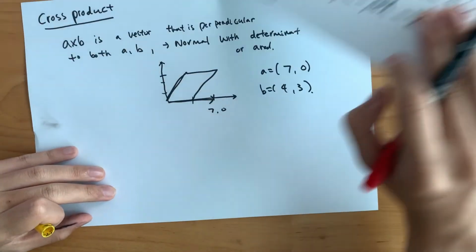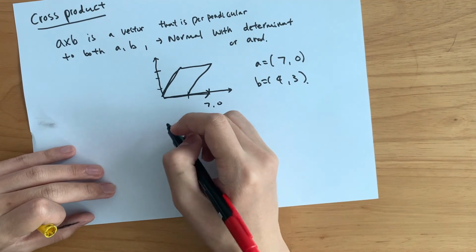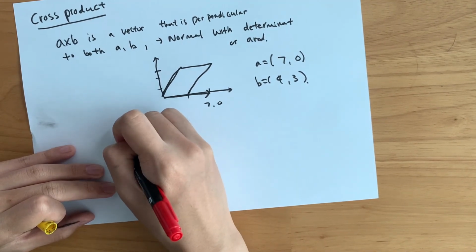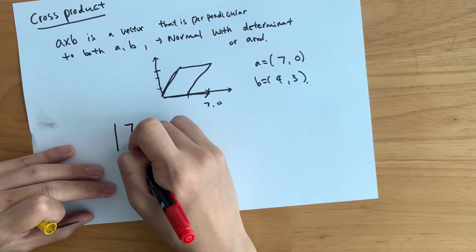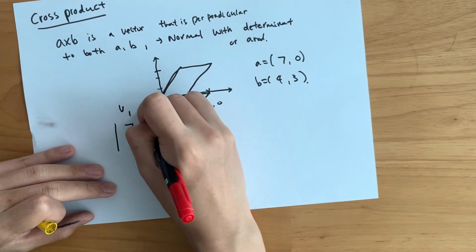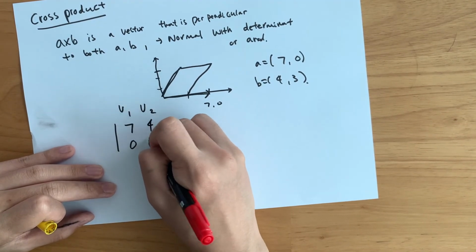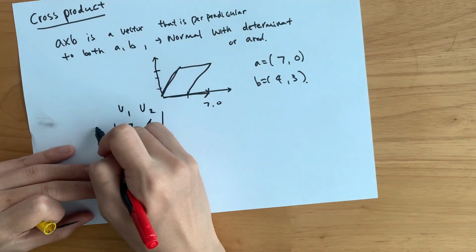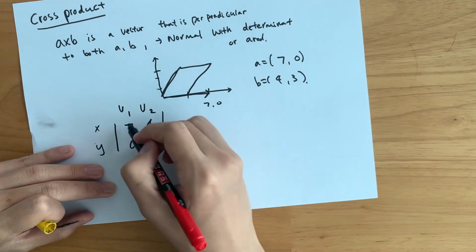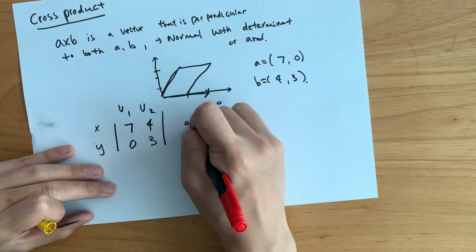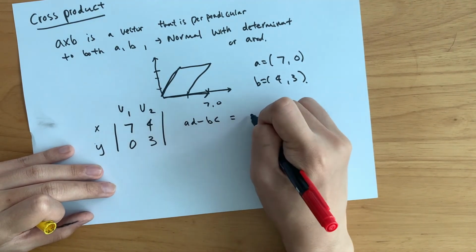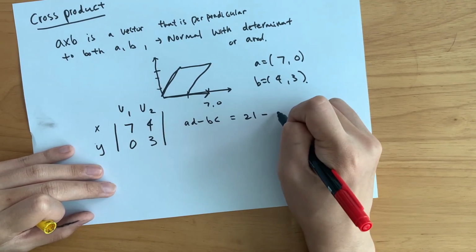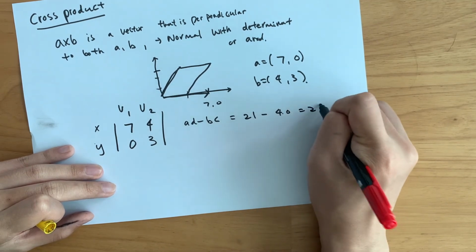Using this proof, we know that if we make a graph like 7, 0, vector 1, vector 2, 4, 3, and let's say this is x and y, the determinant is AD minus BC, which is 21 minus 4 multiplied by 0, which is 21.